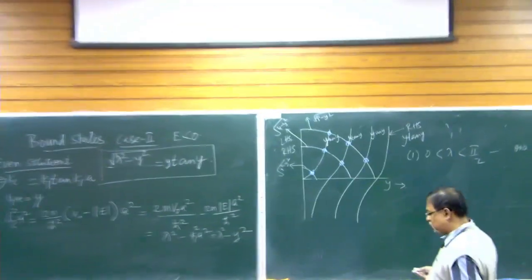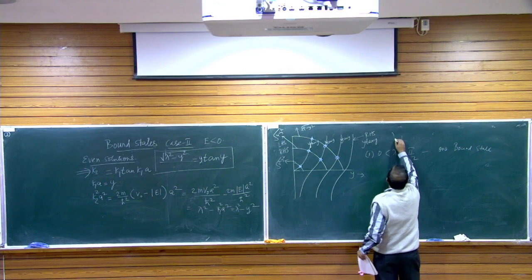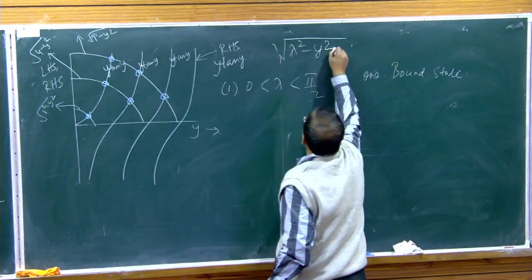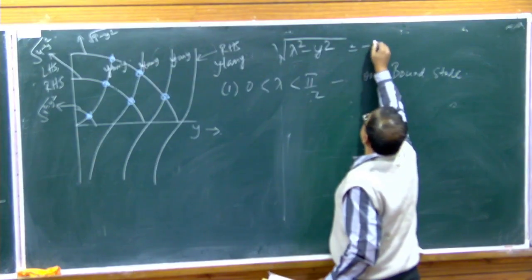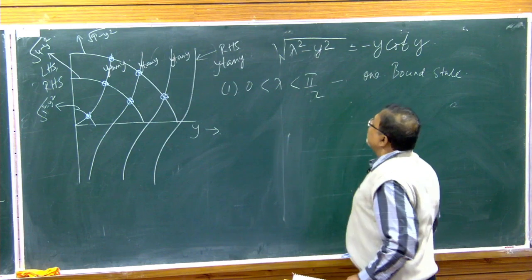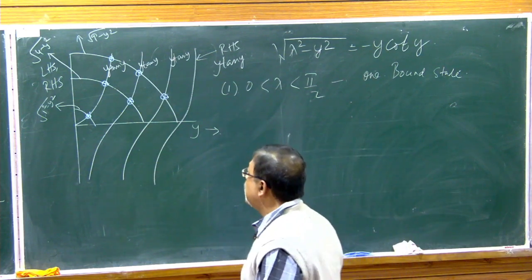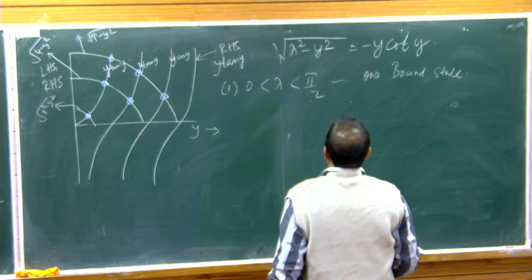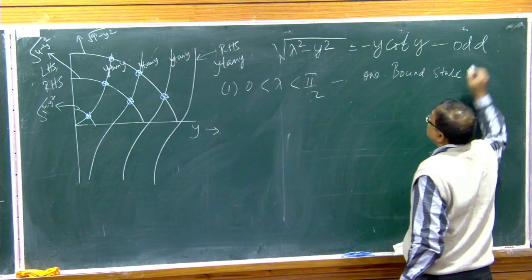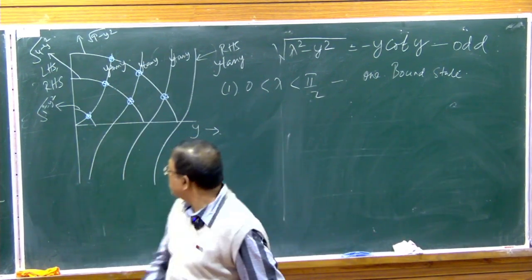So this was for the even, and the odd one will have a solution which is root over lambda square minus y square equal to minus y cot y, just like root over lambda square minus y square equal to y tan y for the even bound states. So these are for the odd bound states.